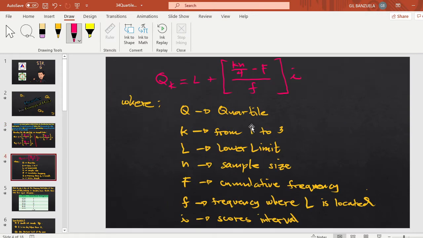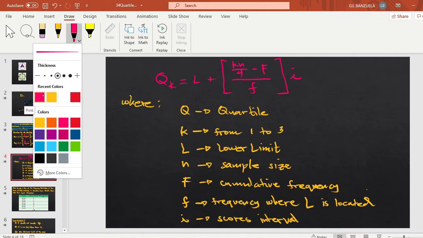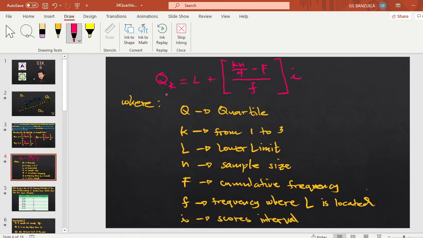So let me discuss the general formula for the quartiles. Q sub k is equal to the lower limit plus a quantity of k times the sample size all over 4 minus the cumulative frequency all over the frequency where the lower limit is located, multiplied to the interval.